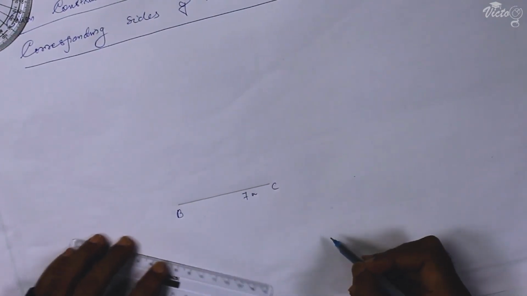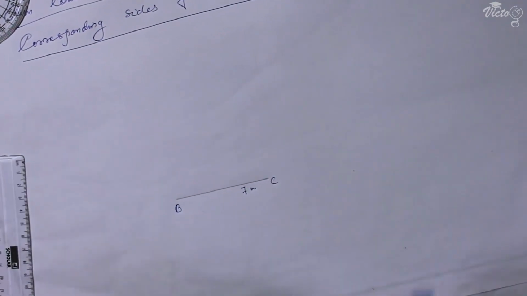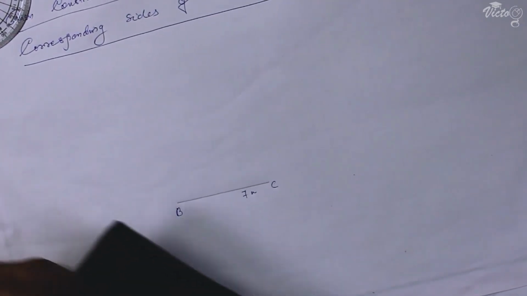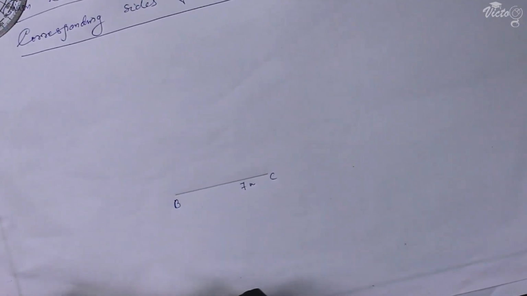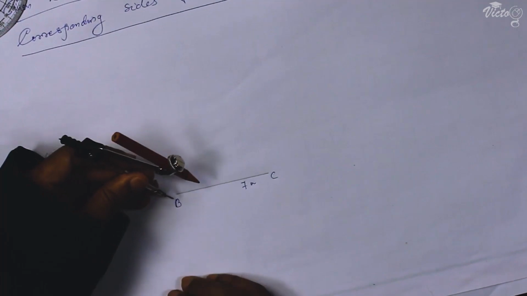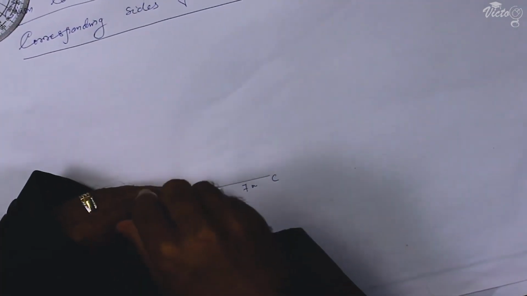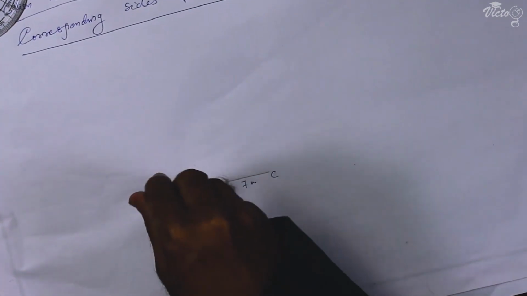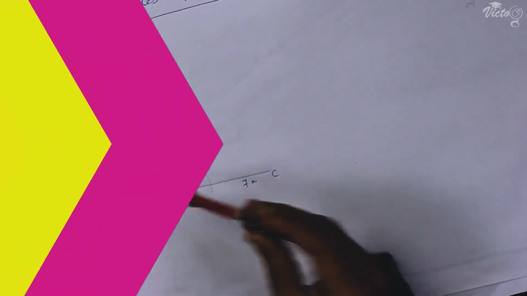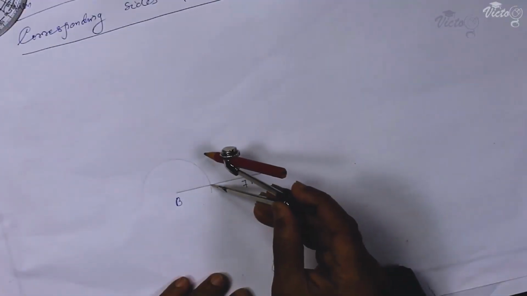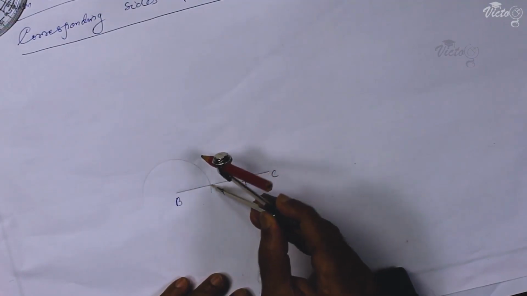Then at the vertex B, draw an angle of 45 degree. For that, we have to construct an angle 90 degree, then bisect it. Making 90 degree.